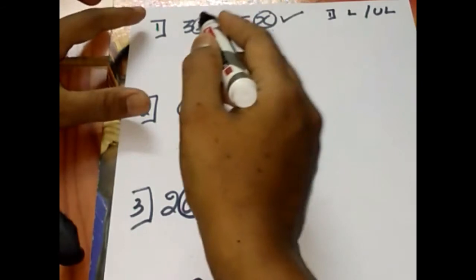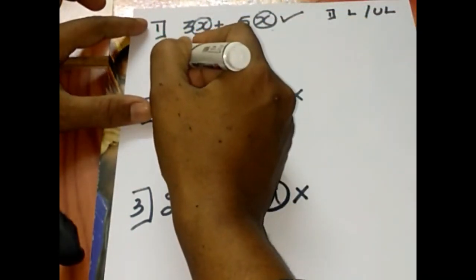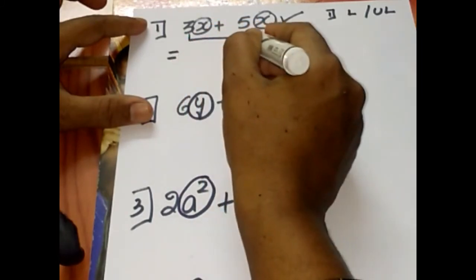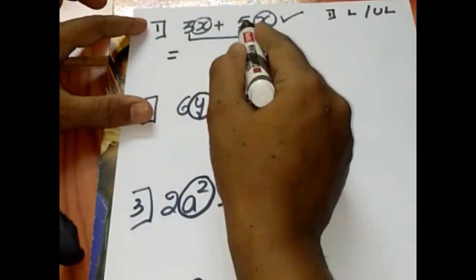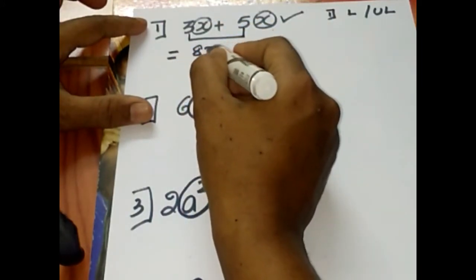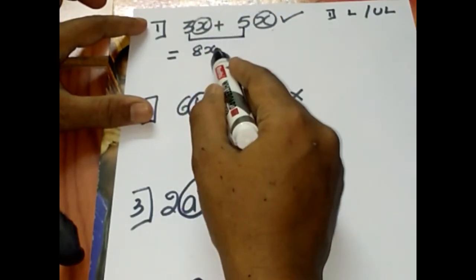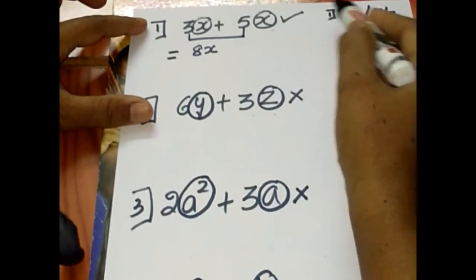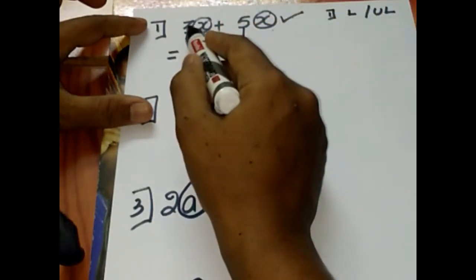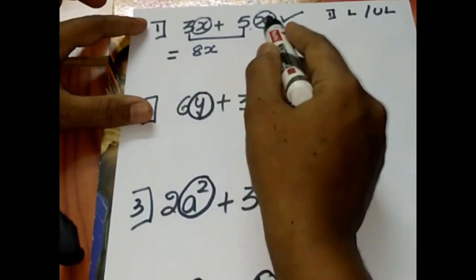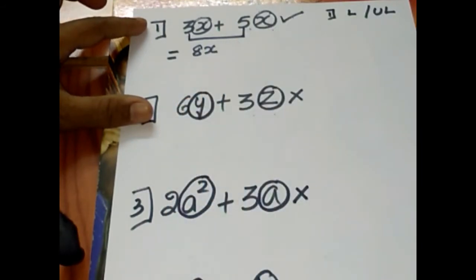If the given terms are like terms, we add the numerical coefficients. That is 3 plus 5 is 8x. That is, 3x plus 5x is 8x. If the given terms are like terms, then add the numerical coefficients and keep the solution along with the given variable.